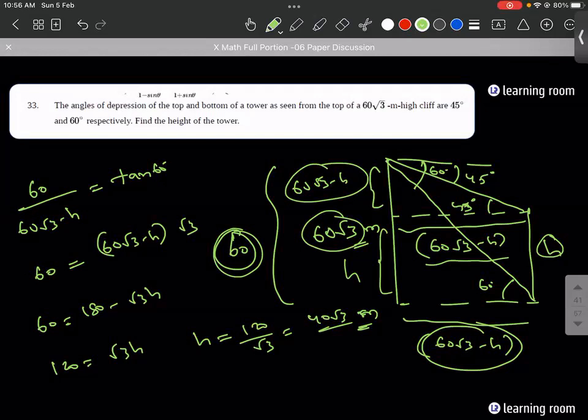So 40 into 1.732 is 69.28. It is coming out to be greater than, there is a mistake. Because 40 into almost 2 will come to 80, which is wrong. So 60 divided by 60√3 minus h is tan 60.